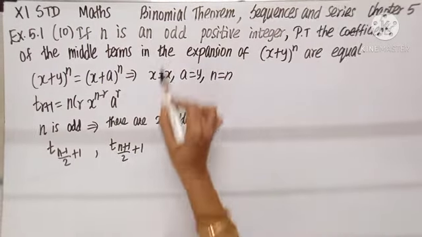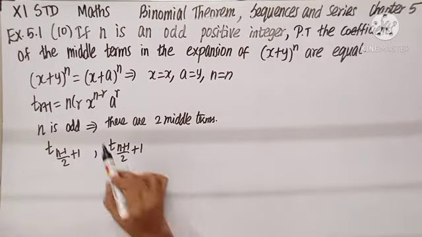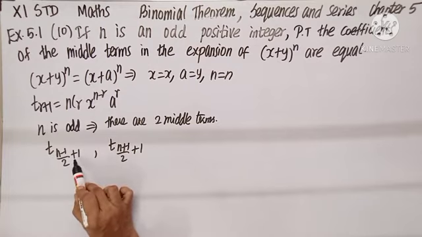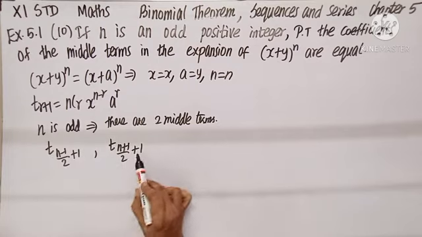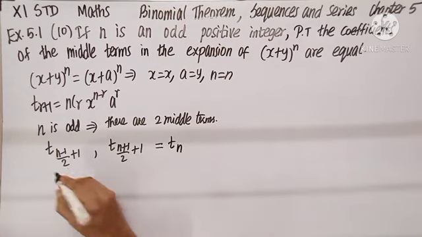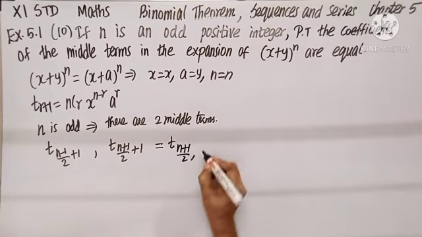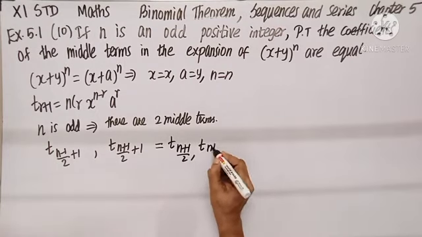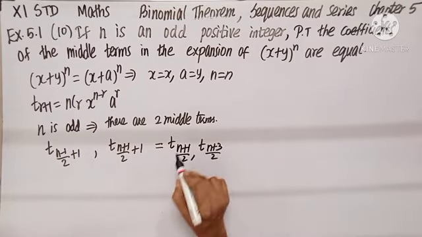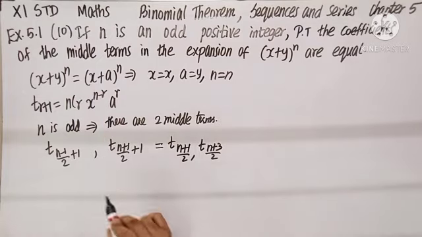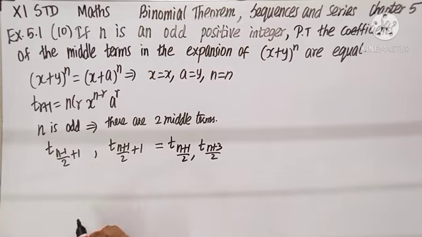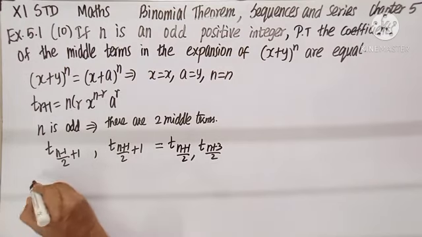When n is odd, we have two middle terms, namely T (n minus 1 by 2) plus 1, T (n plus 1 by 2) plus 1, which can be simplified as T (n plus 1 by 2) and T (n plus 3 by 2). For other problems this formula will be easy, but here it is good if I write the r plus 1 pattern because I want to substitute here.